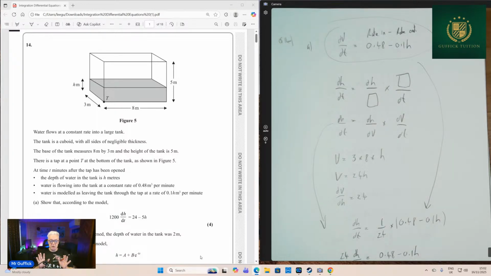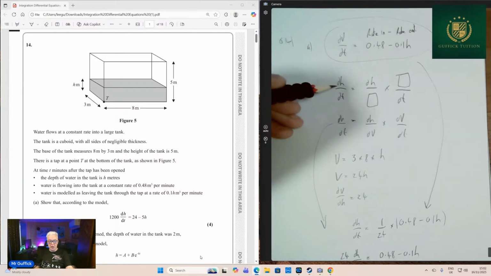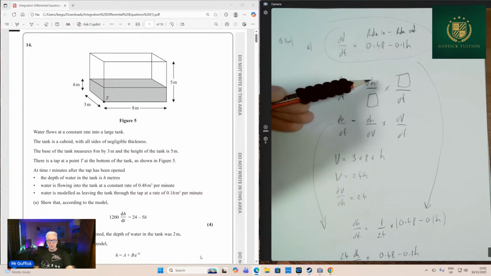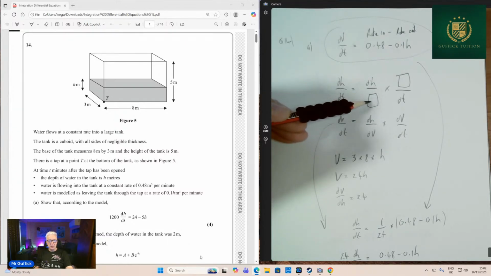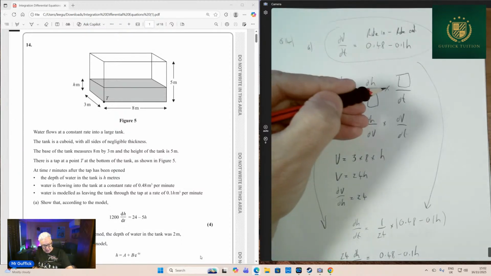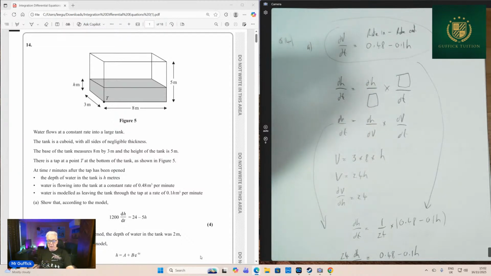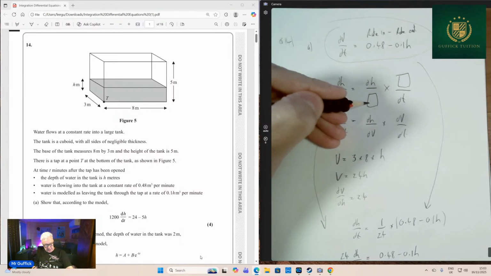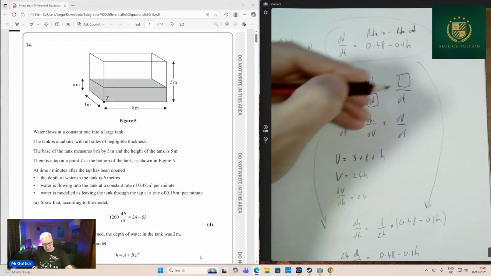Now, in this question, we're not looking for dV/dt, we're looking for dh/dt. So we're going to use the chain rule, and this is the way that I prefer to do it. I like to write down dh/dt is equal to dh over something times something over dt. When we think about the context of this question, it makes sense if that missing thing is dV.